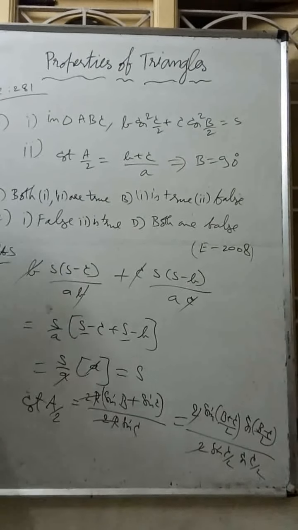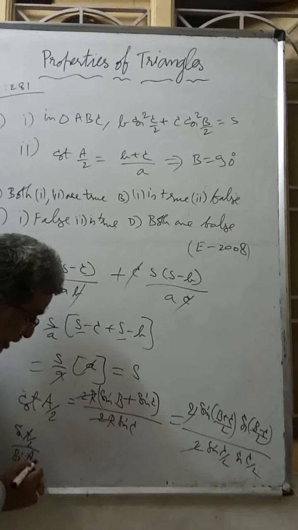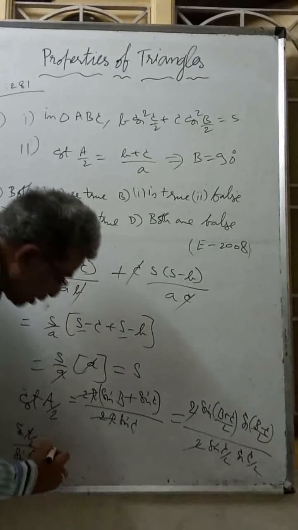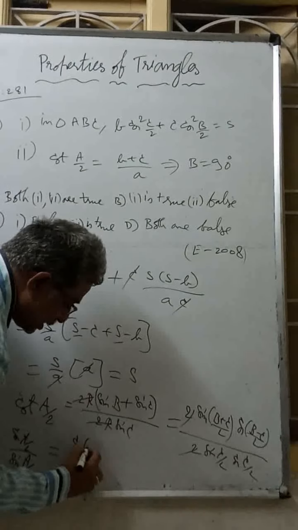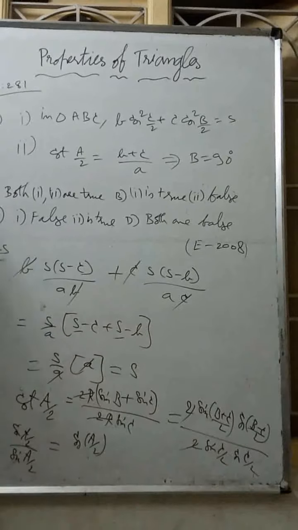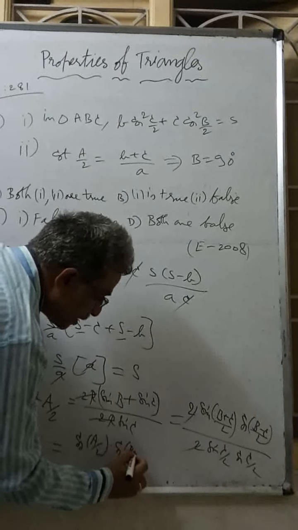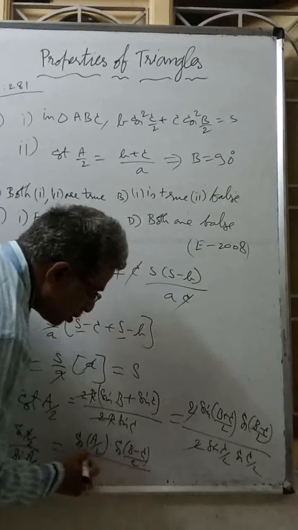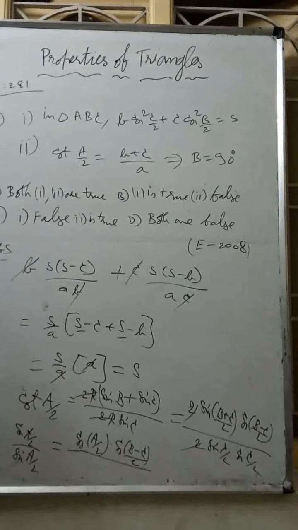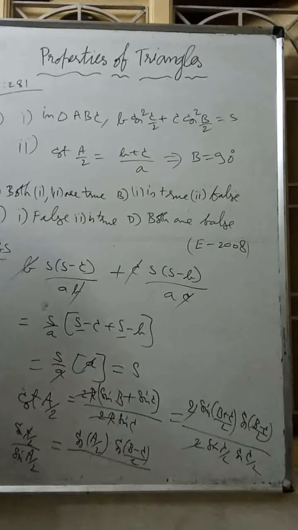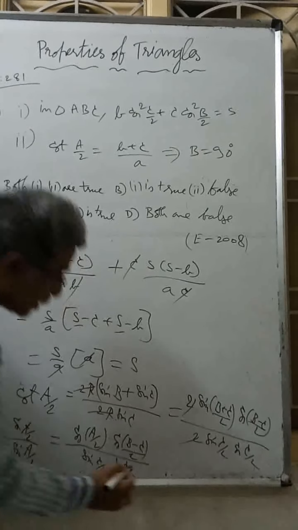So what I want to say is, here instead of cot(A/2), I can write cos(A/2)/sin(A/2). Then you can understand very easily. This is equal to: sin(90 - θ) is cos θ, that is cos(A/2) into cos((B - C)/2), divided by what is left out, sin(A/2) into cos(A/2).